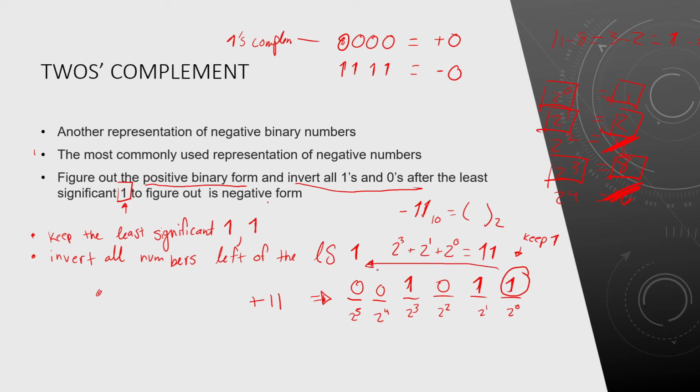We're going to invert all these numbers: 1, 1, 0, 1, 0, and keep this 1. And this is negative 11 in two's complement form.